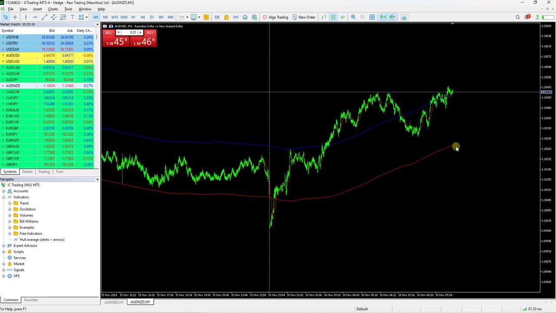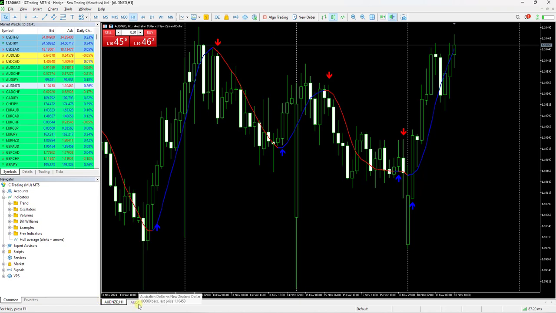But occasionally, if it goes against you, your stop loss is there to protect. And occasionally as well, when there's a gap in your favor in the market and it hasn't touched your band yet because your band expands rapidly, then your 50 pip take profit will be a very nice place to come out of the trade. So that is essentially how you can combine these two to work.